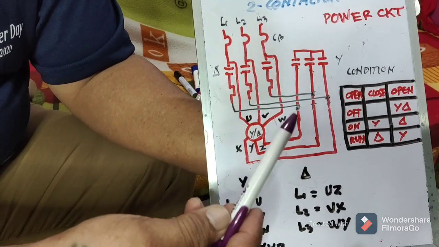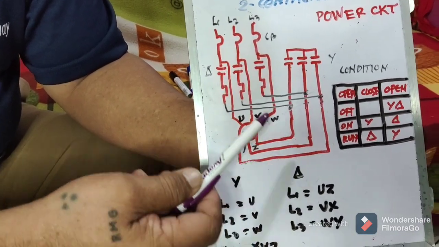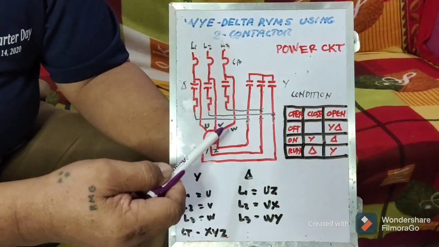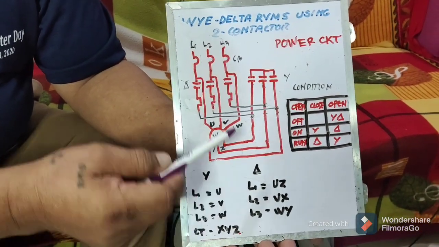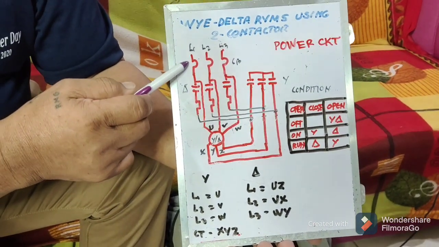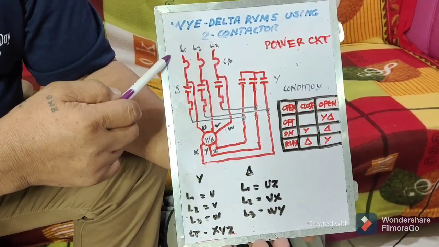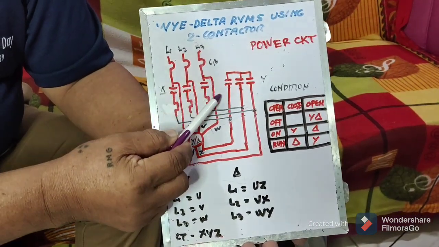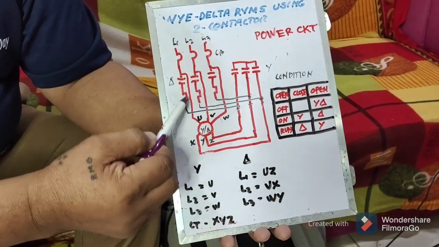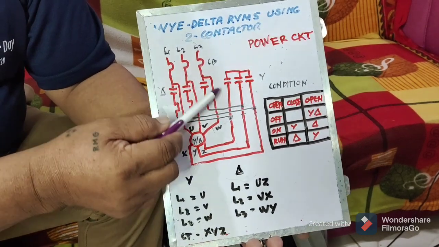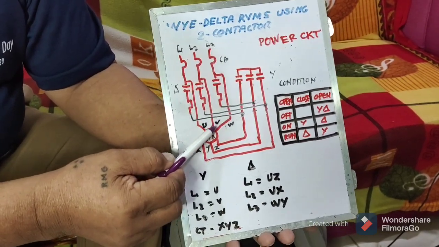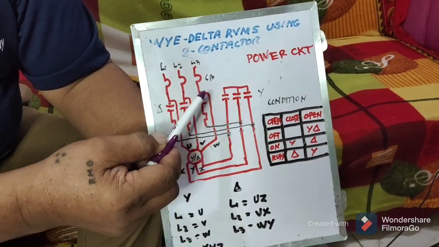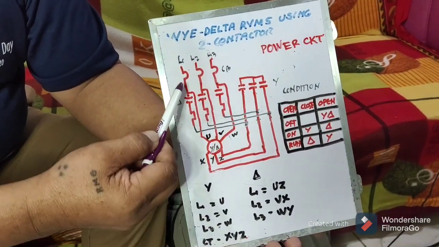Not like in the Y delta using 3 contactors, the terminals 1, 2, and 3 are not in line, even if you are already switching on the circuit breaker. But here, when you switch on the circuit breaker, there is already current flowing in the windings. Okay, there is already current flowing, but considering that the Y is still open, the circuit is open.